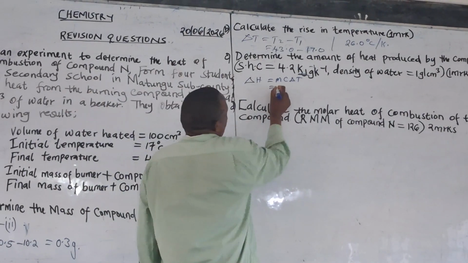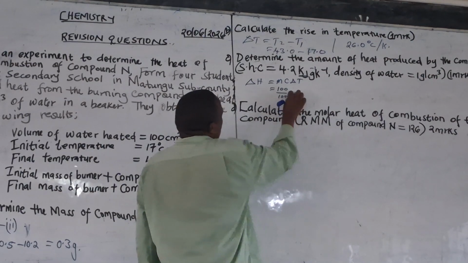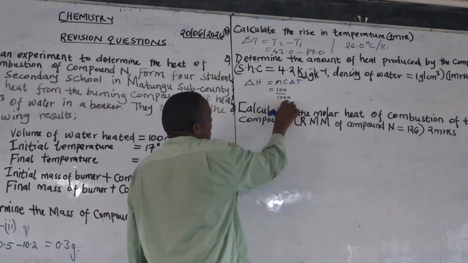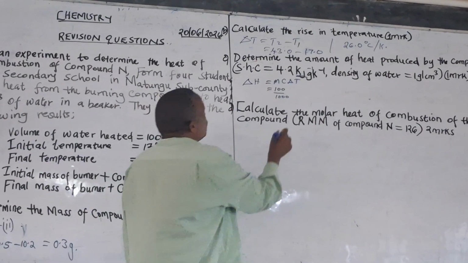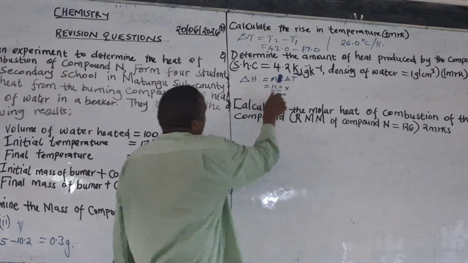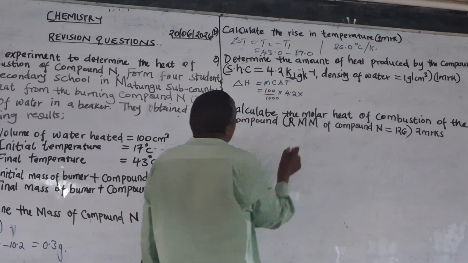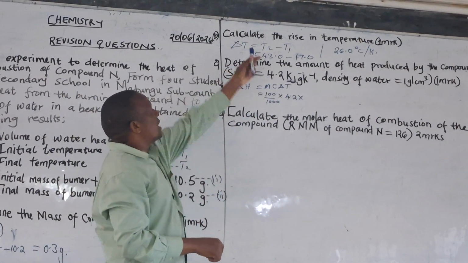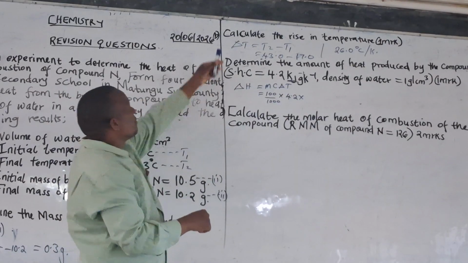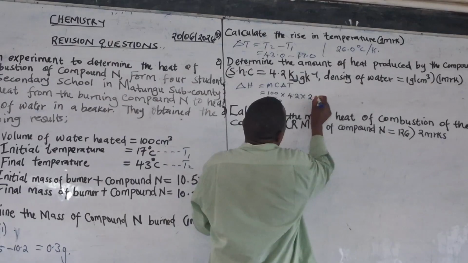So this one will be 100 divided by 1,000, that is 100 grams divided by 1,000 grams per kilogram. You multiply by specific heat capacity, which is 4.2. And we multiply by delta T, which is our answer up here, the answer for B. That is times 26.